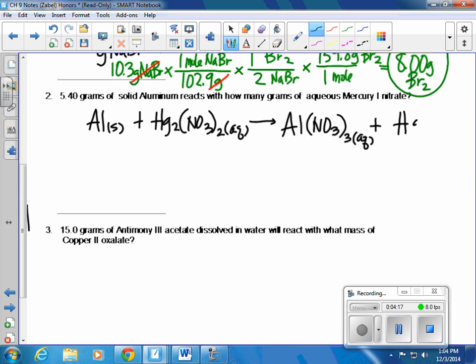And then we're going to get plain old mercury, which is going to be a solid. Okay, so I'm going to go back and read now, and it says I have 5.4 grams of solid aluminum, 5.40 grams of this, and it's asking how many grams of mercury 1 nitrate do I have.